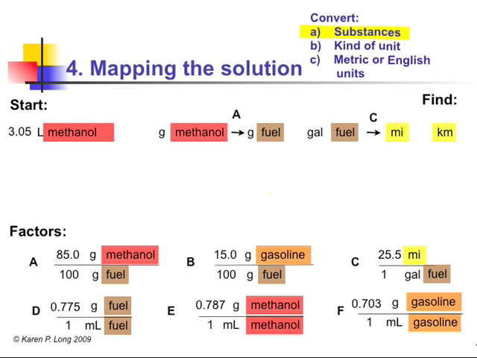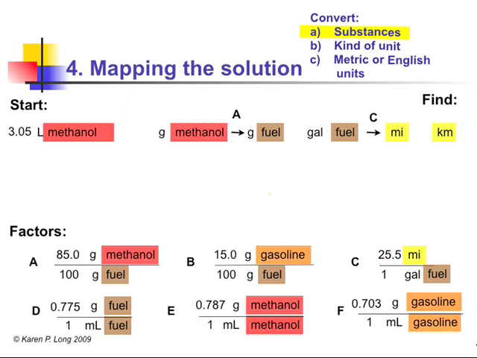So we've lined that up now in our map so that the methanol terms are next to each other and the fuel terms are next to each other. We have completed mapping the solution in terms of substances. We have a way to get from methanol to fuel and from fuel to distance.